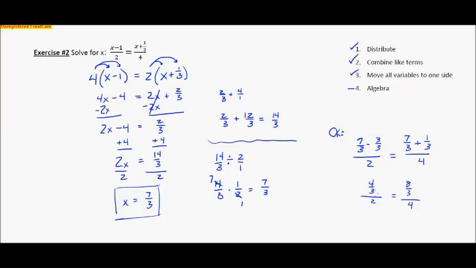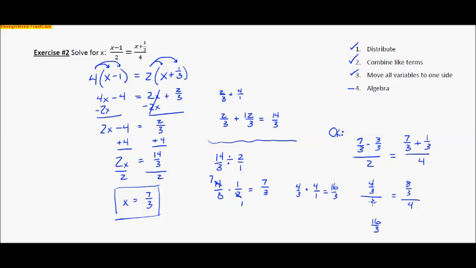And really now you have a choice. You could cross multiply here, or you could just simply do the math over here. Actually, I think it's going to be a little easier if I cross multiply this time. If I multiply 4 over 3 times 4 over 1, I get 16 over 3. So one side is going to be 16 over 3.